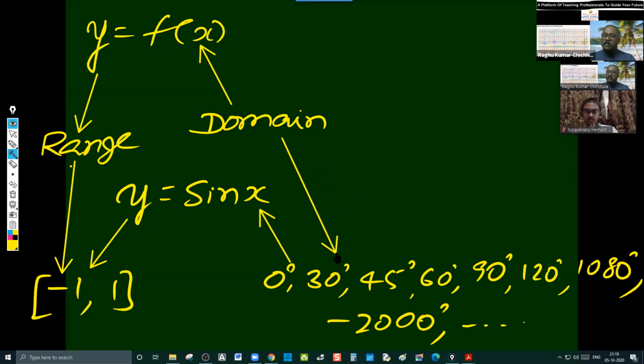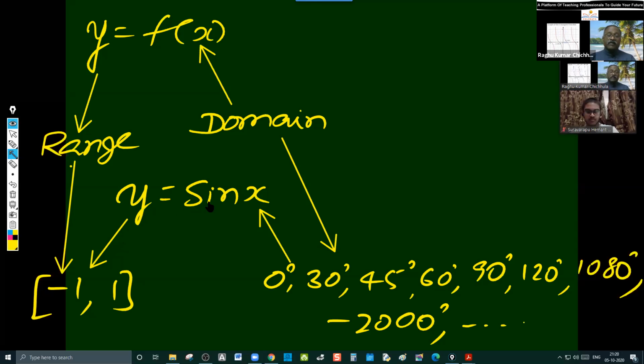So the x-axis gives you the domain of the function, and if you see the graph of any function, on the x-axis its expansion gives you the domain, on the y-axis its expansion gives you the range. Okay. So because y is lying between -1 and +1, this graph of sine x always lies between -1 and +1 on the graph.